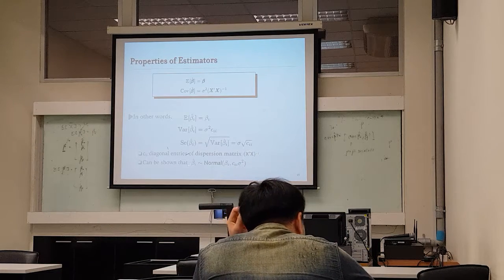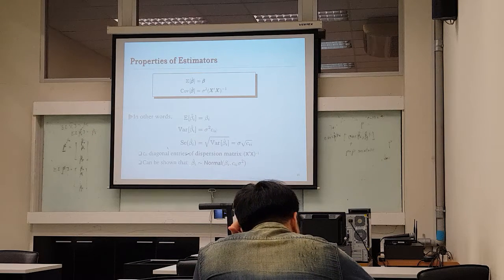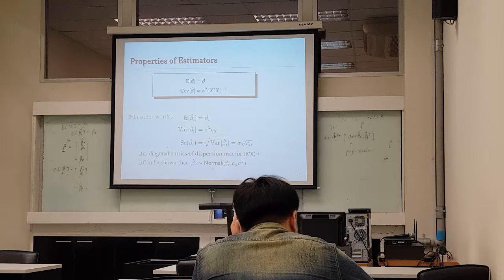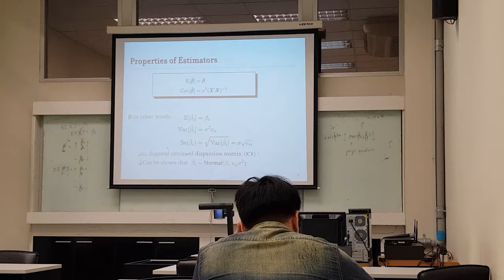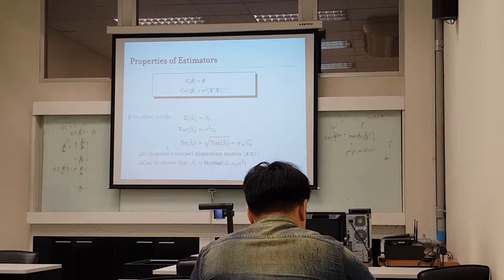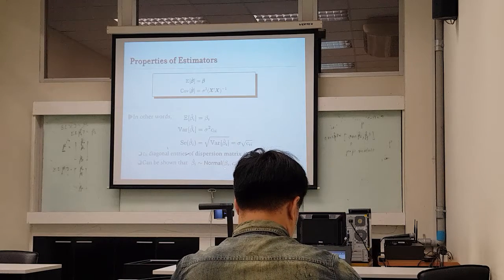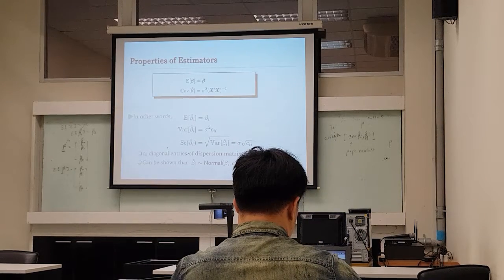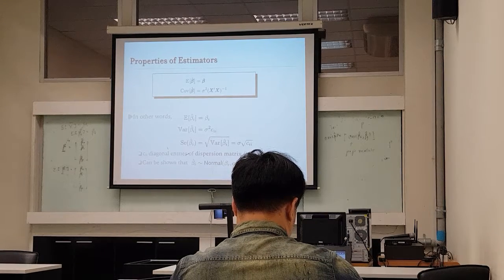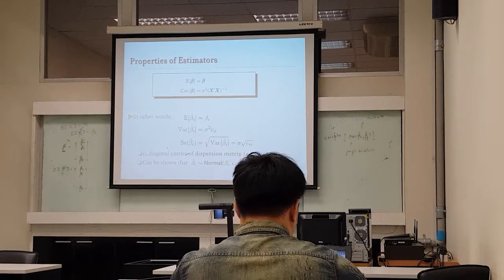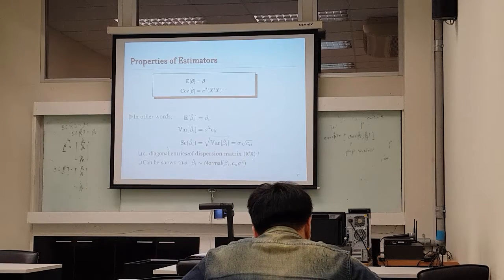But the actual distribution of the estimator beta i is a normal distribution with mean beta i, an unknown constant, and variance C_ii multiplied by sigma squared. This C_ii is the diagonal element of the matrix X transpose X inverse.